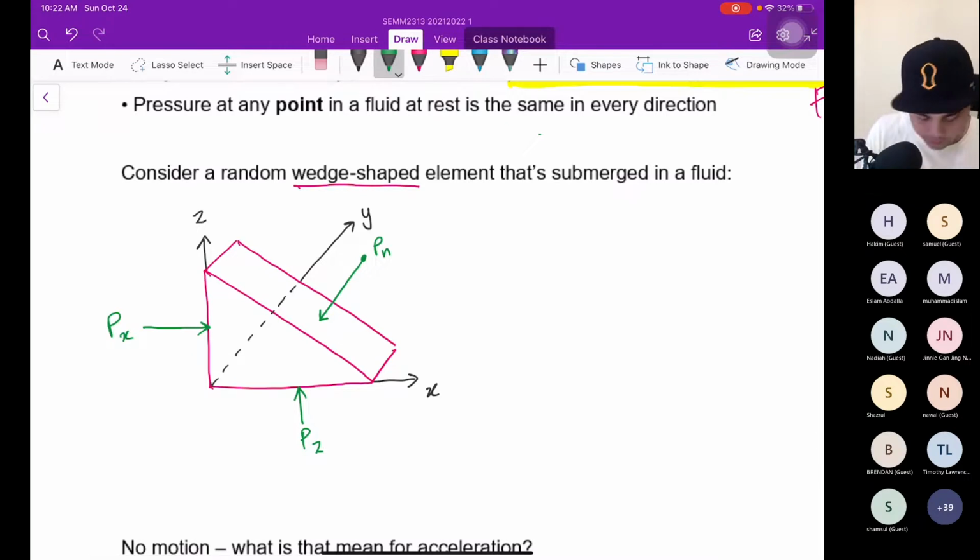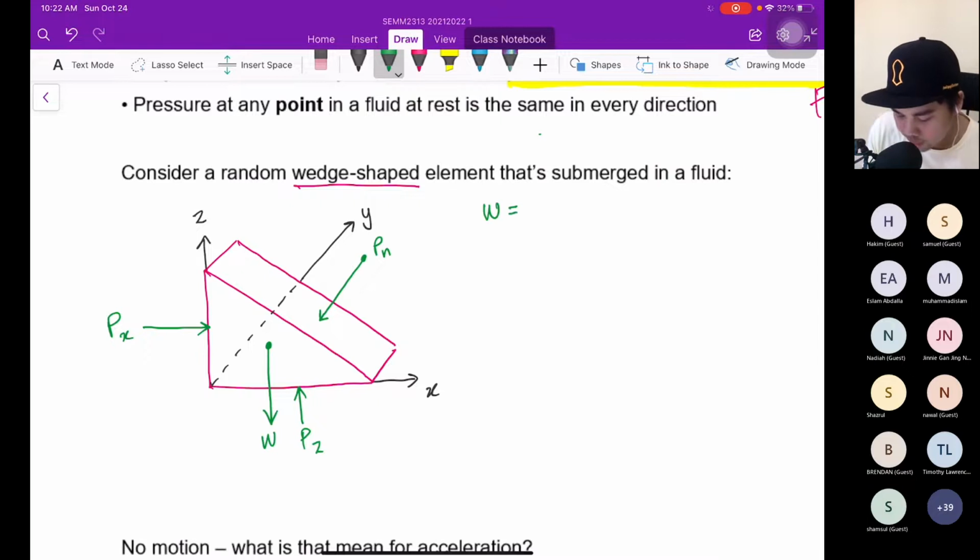From here, do we have any other force? Definitely we have the weight of the wedge shape. Let's say this is the weight, we call it W. So how to calculate the weight?